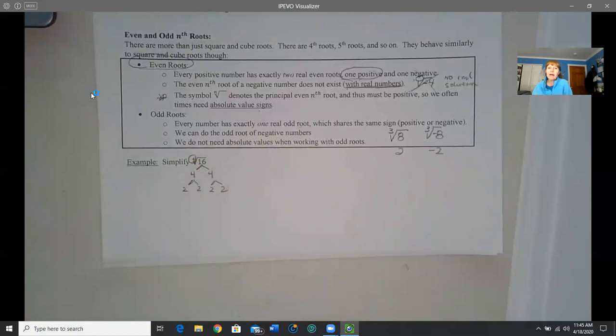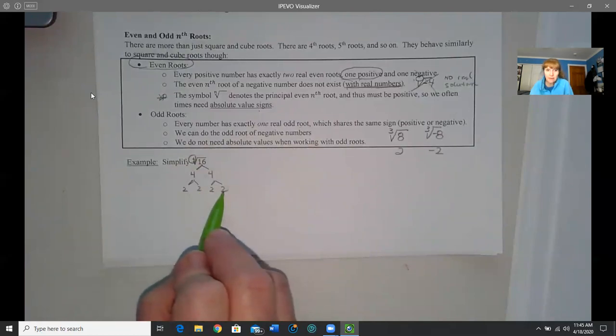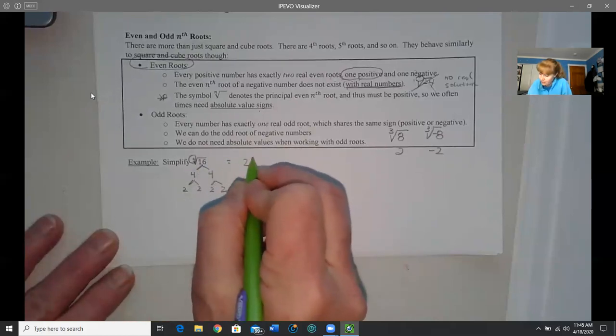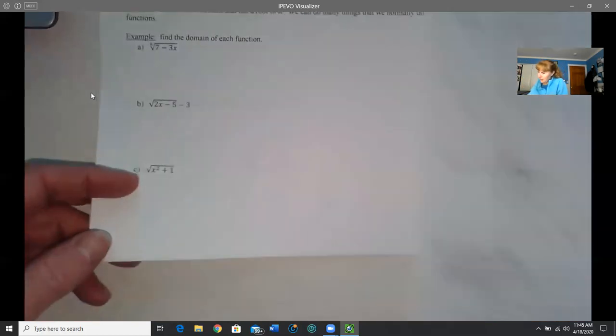In this case, I have 4 2's in 16. 2 times 2 is 4, times 2 is 8, times 2 is 16. So I have 4 2's. I wanted 4 of something, so my answer is 2. And there's your answer. Don't worry about absolute values unless you have variables. Okay, good, perfect. Let's look at another one.